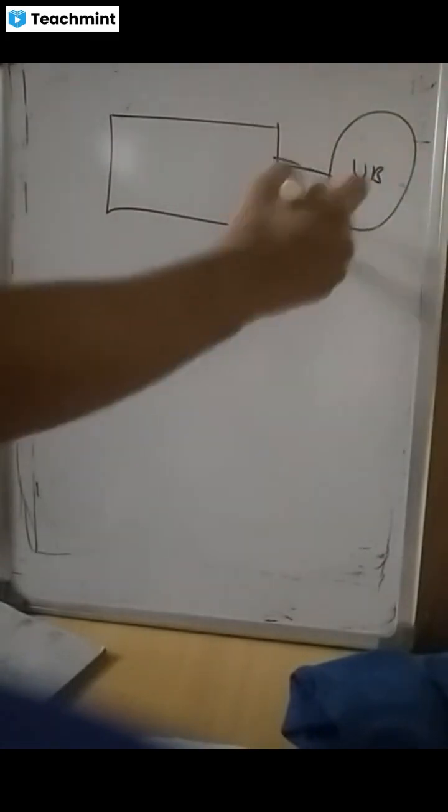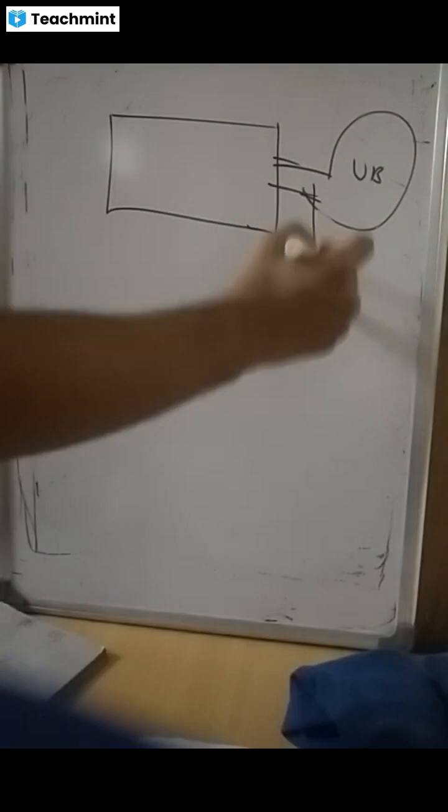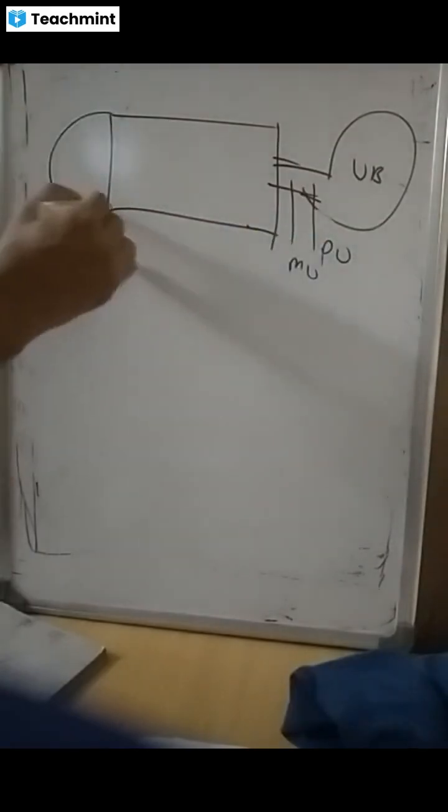So what are these anomalies related with your urethral fold? Below this we have the urinary bladder, and this is the pelvic urethra, and this is the penile structure.